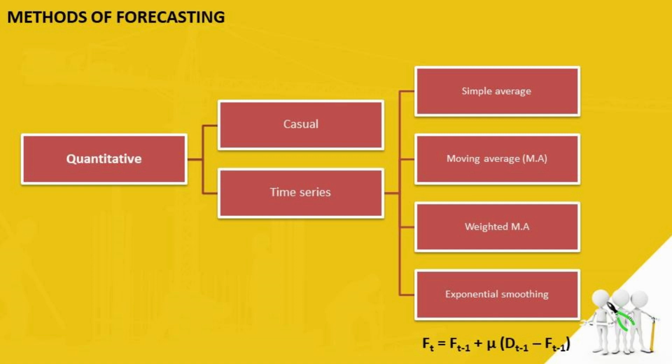Mu is what we call the smoothing constant, which takes care of the forecasting errors of the old forecast. And this mu is a constant value which you will always find in your numericals. And d suffix t minus 1 was the demand of the immediate previous month or previous time period.